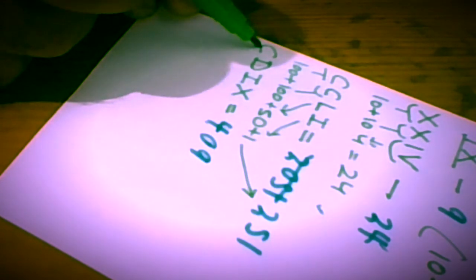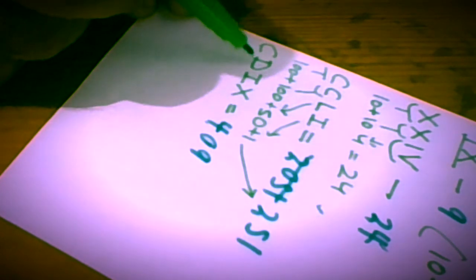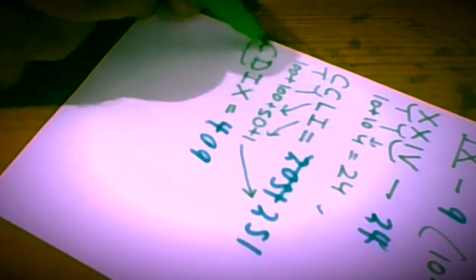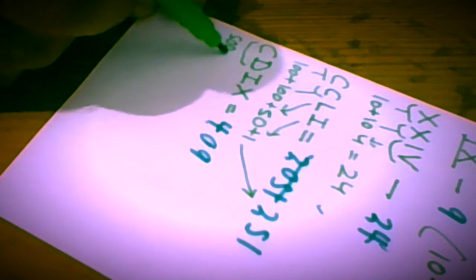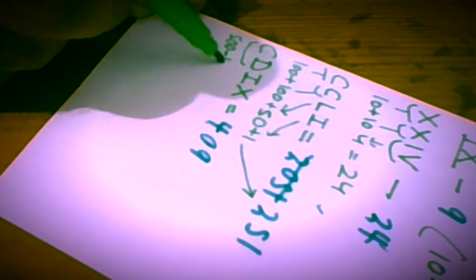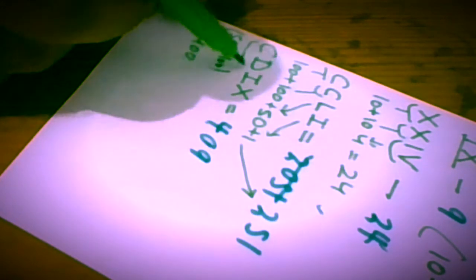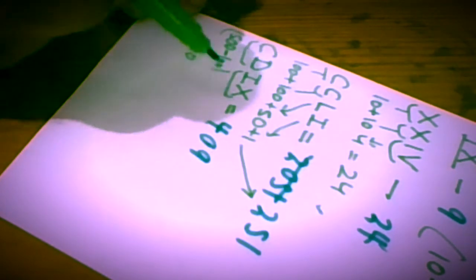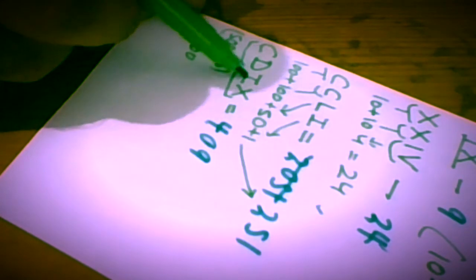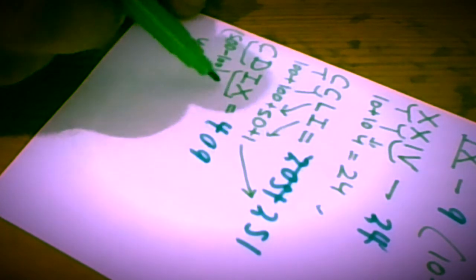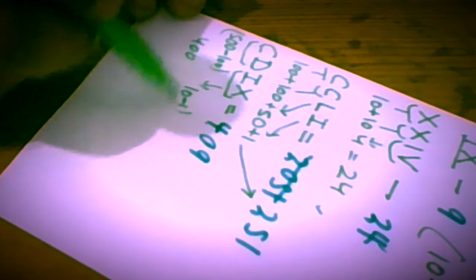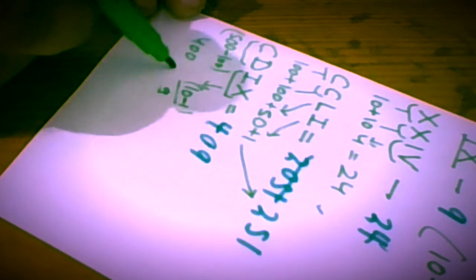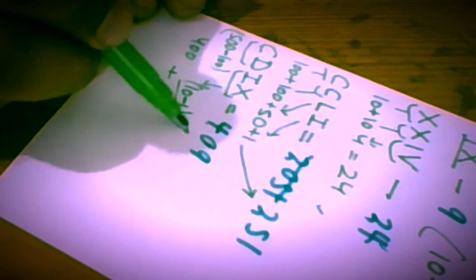A smaller number is being followed by a greater number, so it will be the difference of these two numbers. That is 500 minus 100, it will come to 400. Then these two numbers are taken together because again a smaller number is being followed by a bigger number. So it will be 10 minus 1, which is equal to 9. So it is 400 plus 9, that comes to 409.